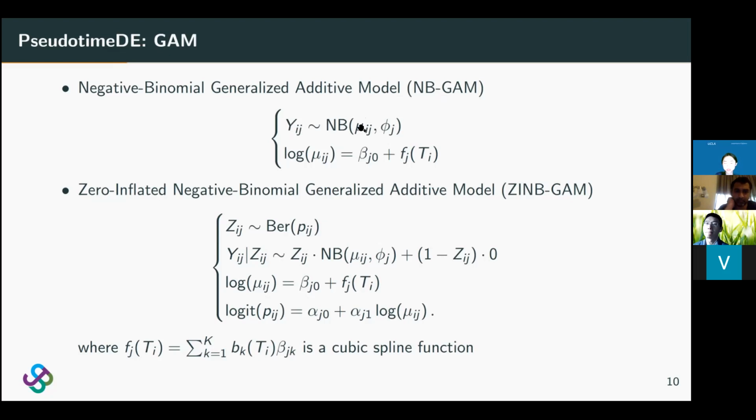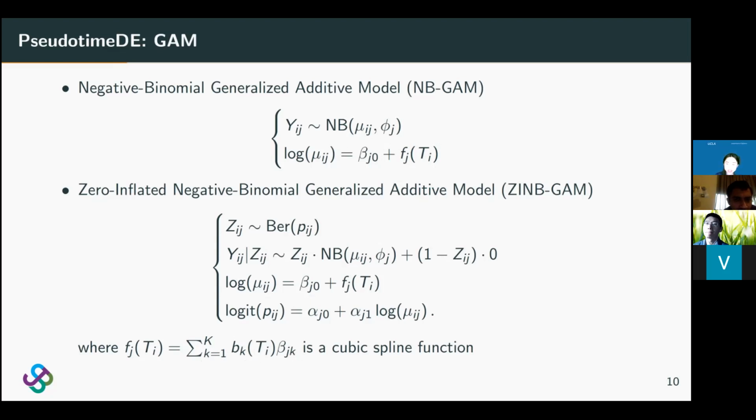To capture the relationship with pseudotime, we are essentially assuming that the log of mu_ij is a function of pseudotime Ti, and this function f_j is considered to be an additive nonlinear function. This is what we call the additive model part. You can consider h_k to be a nonlinear transformation of pseudotime Ti, and we take a weighted sum.